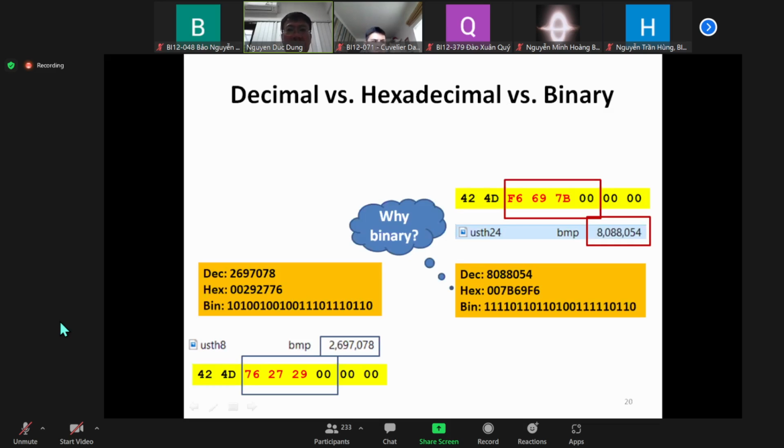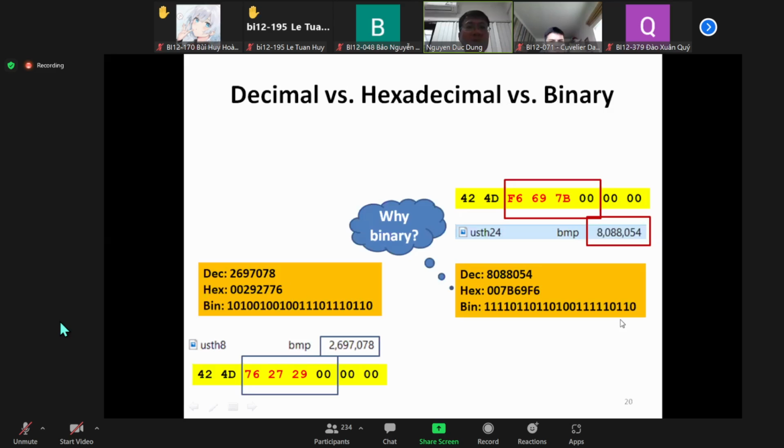Who has any idea? Yes, Bùi Huy, please. The CPU is made by transistors, which are used to turn on and off.